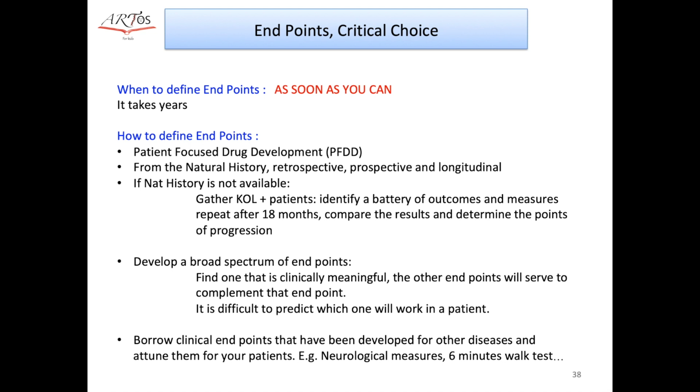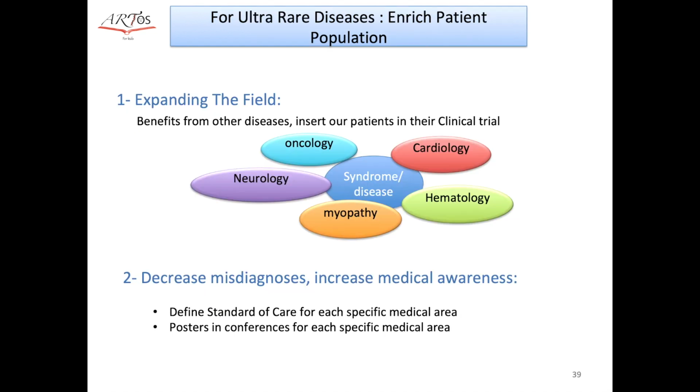To enrich patient population, I can see three levels of battle. The first one is an indirect way to increase by expanding the field and benefit from other disease. As I mentioned before, by determining what your patient needs, you might discover new areas of focus, and by defining the endpoints of clinical trials, you might identify overlaps with other rare diseases with complex phenotypes.